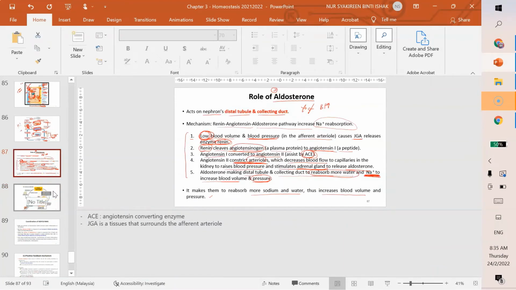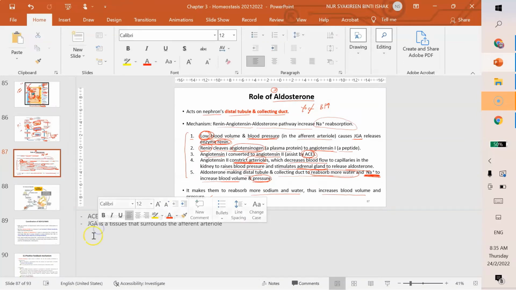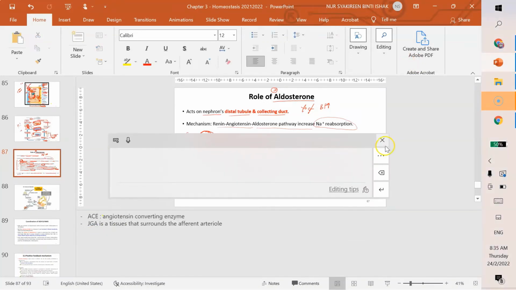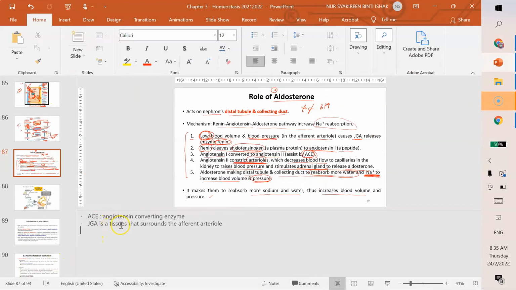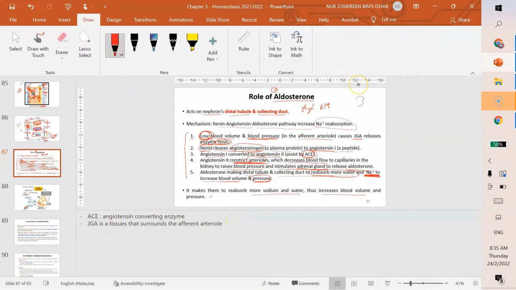Okay, so if you look at this, what do ACE and JGA stand for? Okay, JGA, if you can copy this one here, JGA is a tissue that surrounds the afferent arterioles. Hari tu kita tengok kan, the glomerulus, and then it is surrounded by the Bowman capsule, and the glomerulus is blood vessels, so it receives blood from the afferent arteriole, and blood goes out of the glomerulus through the efferent arteriole.